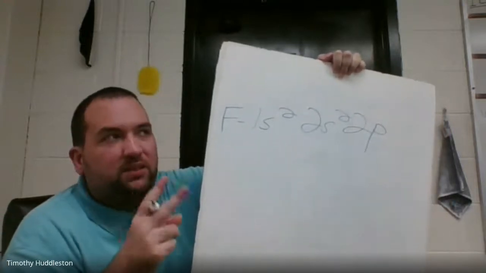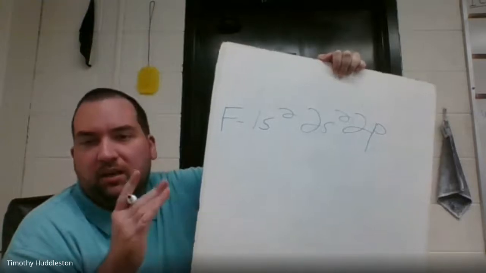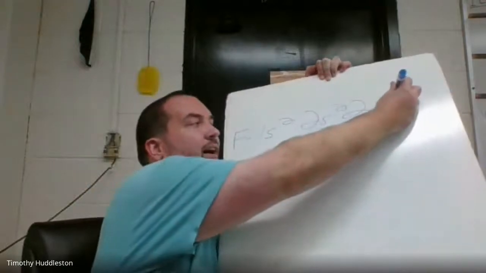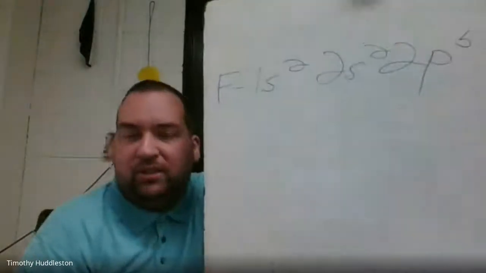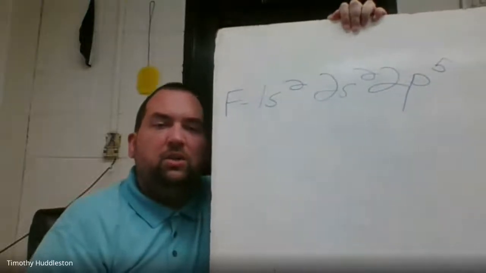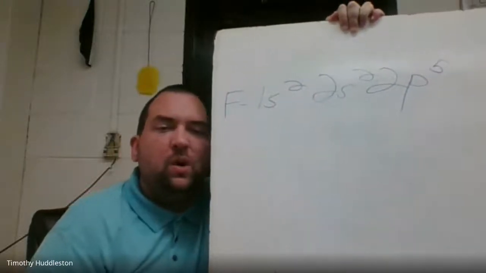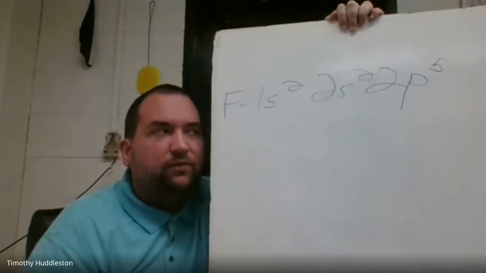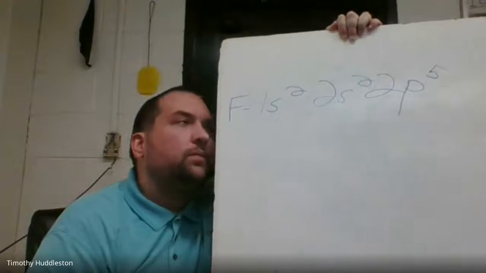B is 1, C is 2, N is 3, O is 4, F is going to be 5. So what is the electron configuration of F? 1s2, 2s2, 2p5. Okay? That is the full electron configuration for F.